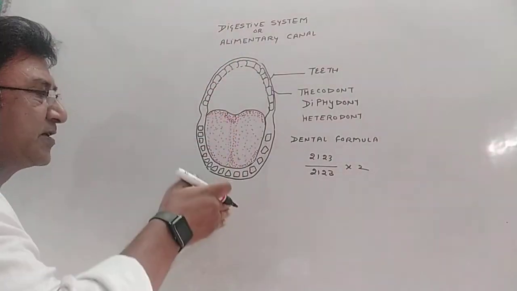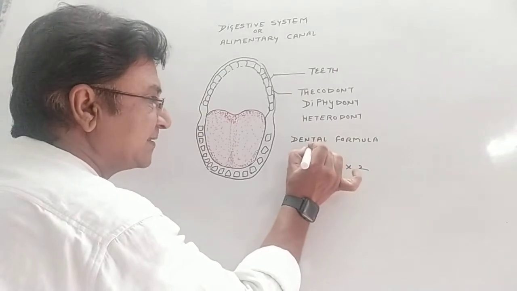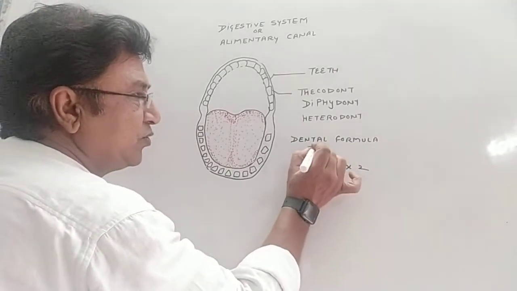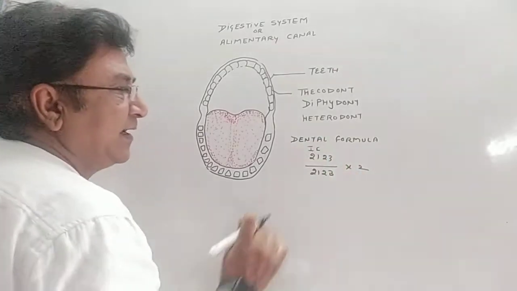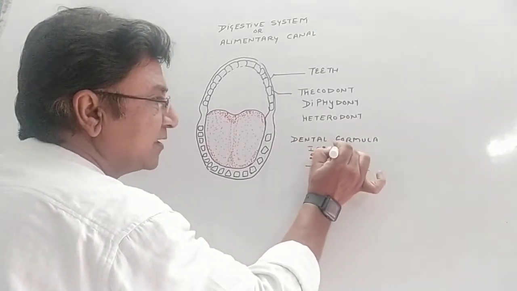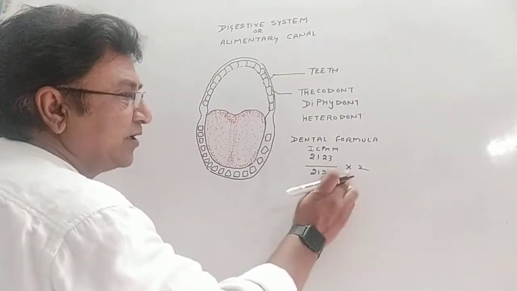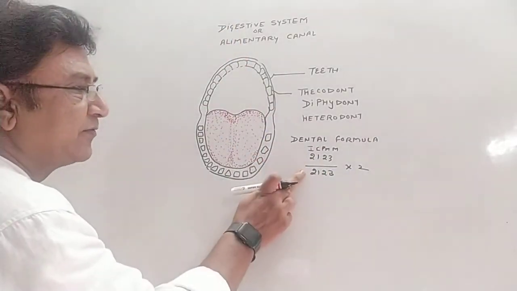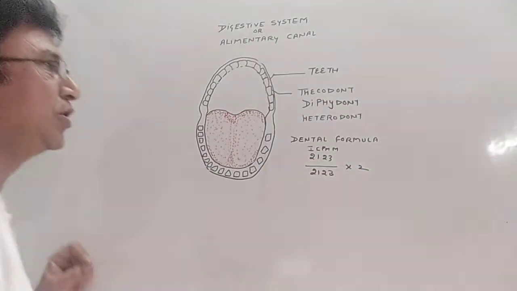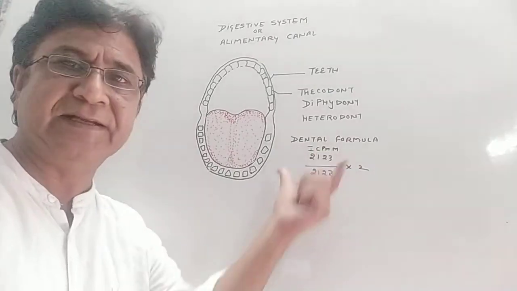If we halve the jaw, we will find there are two incisors, one canine, two premolars, and three molars. So 2, 1, 2, 3 upon 2, 1, 2, 3, for half of the jaw, into 2. This is the formula of the dental structure, so we call it the dental formula.